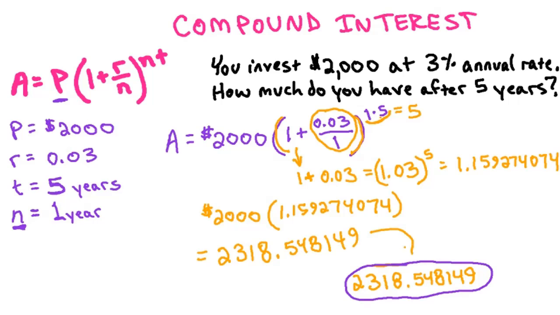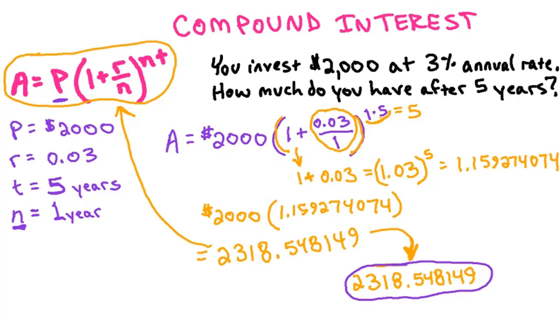So you can see this is the exact same number that we got when we put this together manually, when we just did it out every year. So you can see this formula is just a real easy shortcut for you to be able to figure compound interest without having to do it all manually.